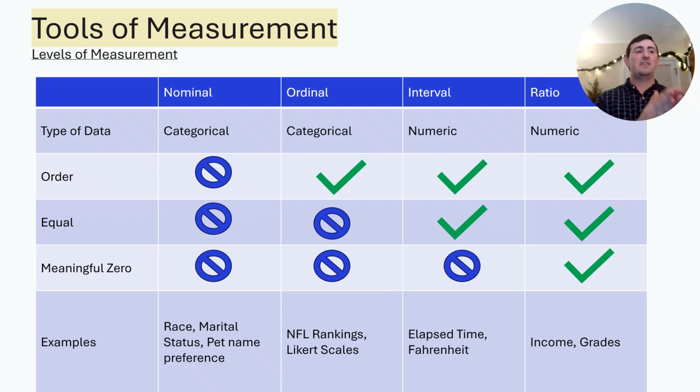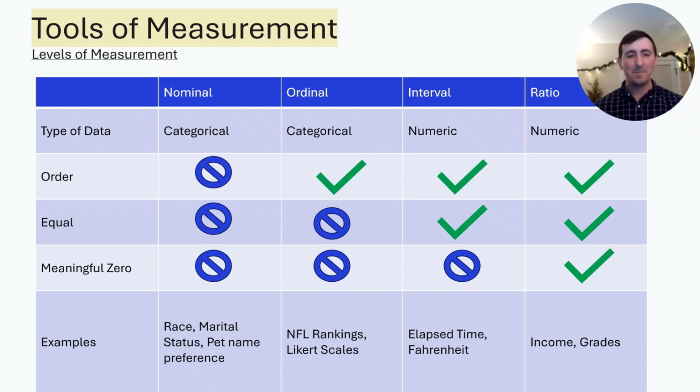It doesn't actually set up first, second, third place. It doesn't set up higher or lower standards. There's no order. Does each step have equal distance? Of course not, because there is no distance and there's no meaningful zero in any of these. Someone could argue that marital status could have a meaningful zero, but not as far as stats is concerned because it's still nominal data.